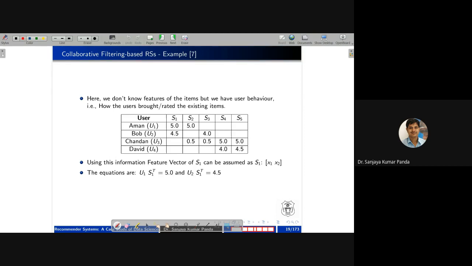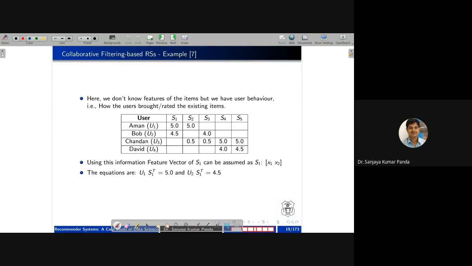Looking at this rating matrix, user 1 rated smartphone S1 5 out of 5 and smartphone S2 5 out of 5, but user 1 has not purchased smartphone 3, 4, or 5. Bob rated smartphone S1 4.5 and smartphone S3 4.0. The rest of the smartphones are not purchased by Bob.